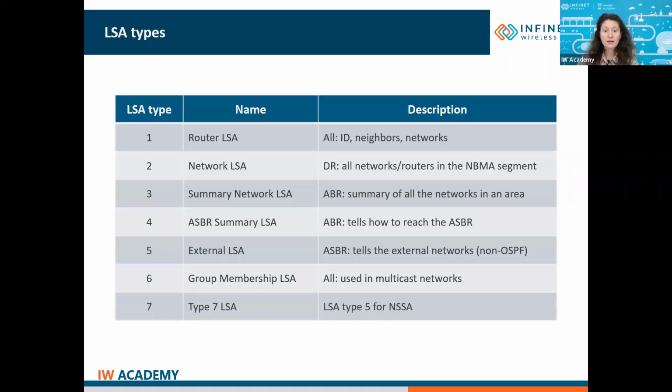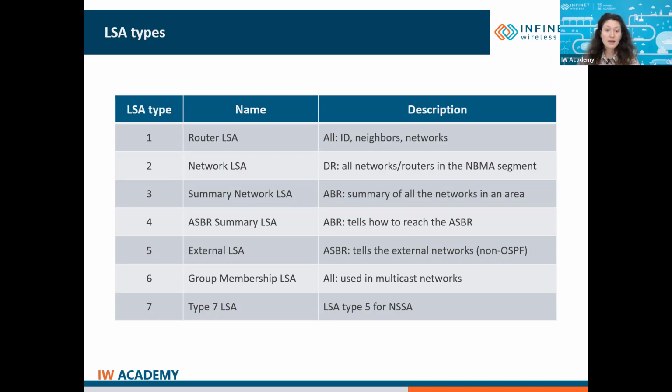Let's now discuss the link state advertisement types, as these messages are essential for building the link state database. LSAs contain detailed information about the network topology, and more LSAs are usually grouped to form a link state update message.